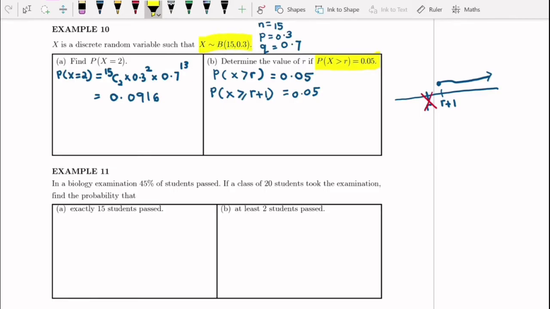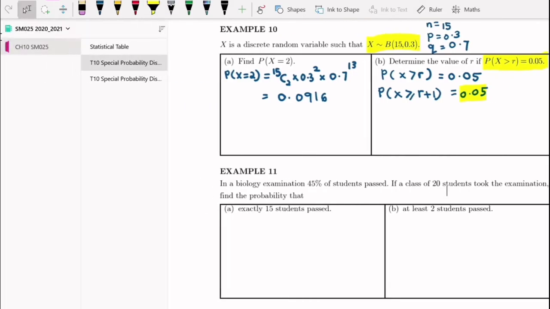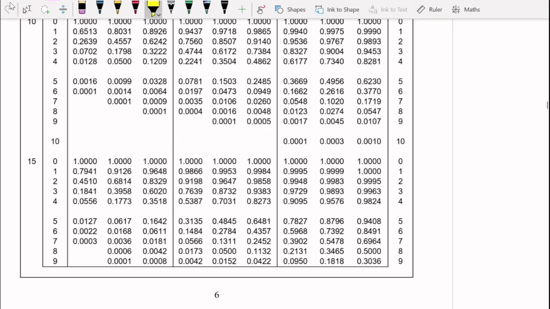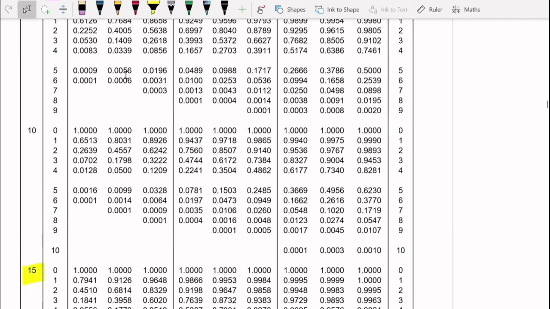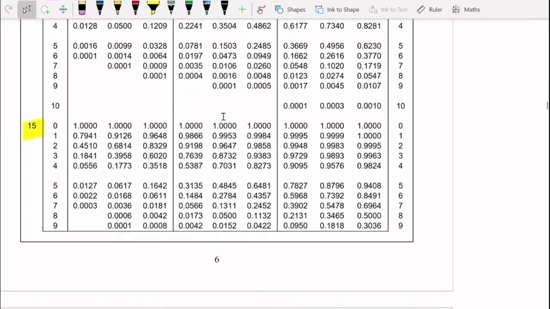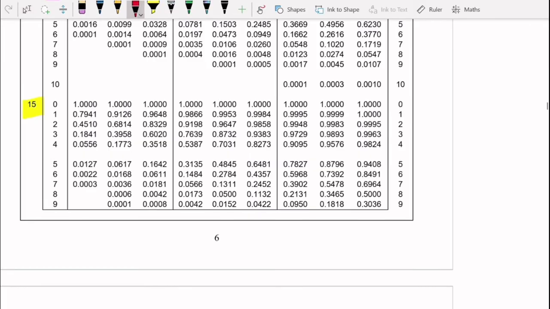We need to find what is the value that gives the probability 0.05. So n equals to 15 here, p equals to 0.3, so 0.3 is here, so we will focus on this column.